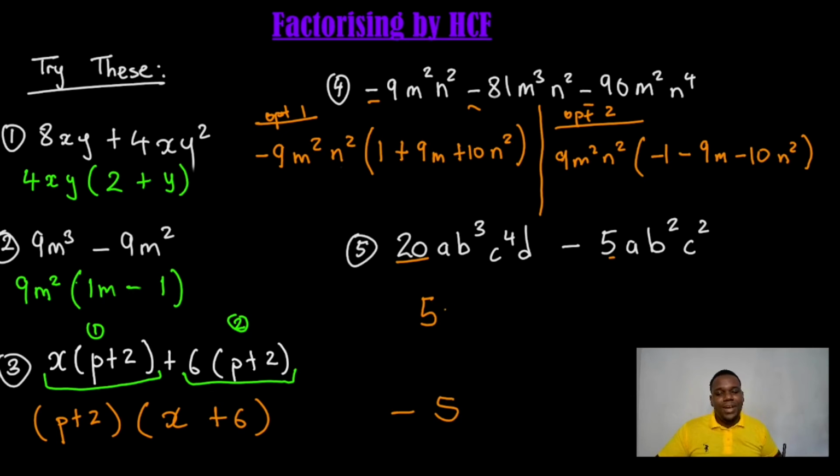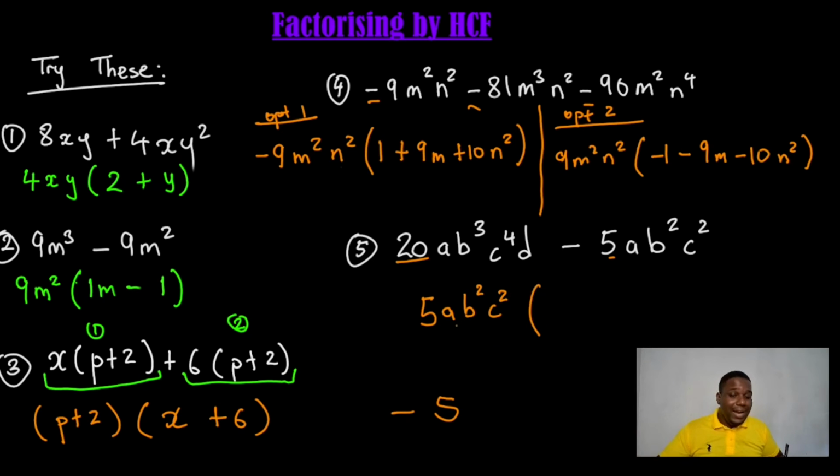So let's factor out the 5. And for the A, we see that A is common. For the B's, we see that the highest power would be B squared. For the C, the highest power would be C squared. And we would not write the D because it is not common to both terms, right? So it'd be positive 5AB squared C squared.